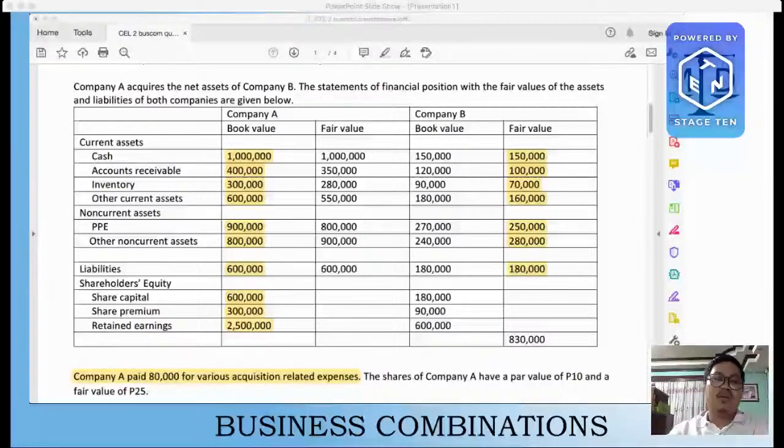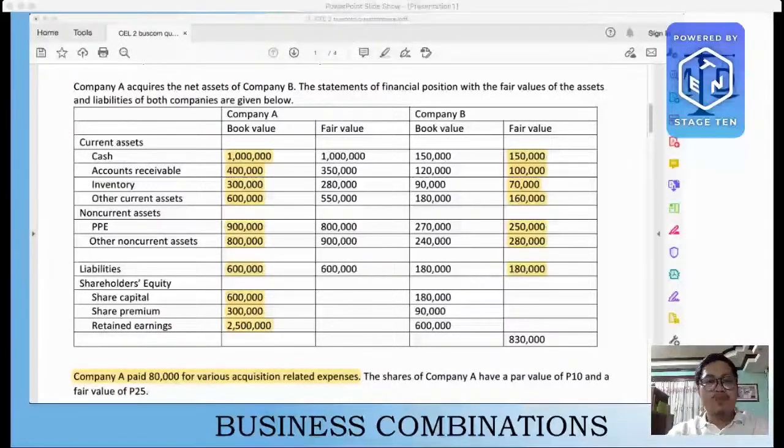In other words, you could also be asked for the combined amounts that will be reported in the financial statements of the reporting or the surviving entity. And as I've told you, the process in getting the combined amounts would simply be to combine the amount reported by the acquirer and the amount recognized by the acquiree.